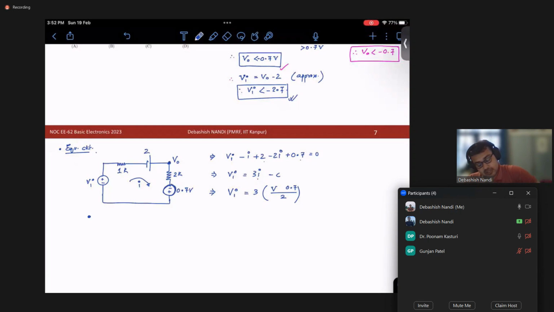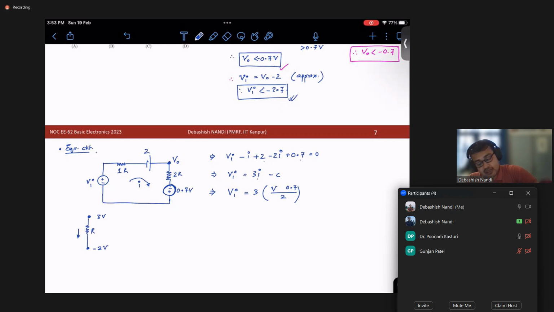Suppose reverse: this is 3 volt, this is 2 volt, and there is a resistance. What is the current flowing? If it is 3 minus minus 2, then what happens? 3 plus 2.